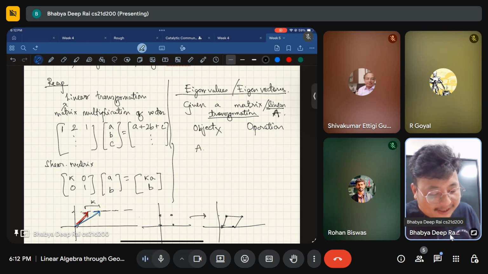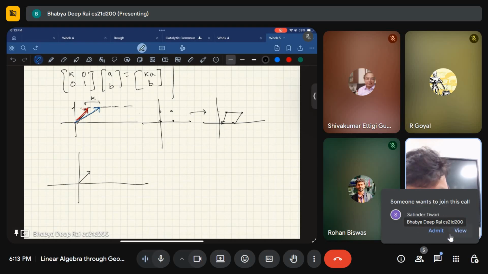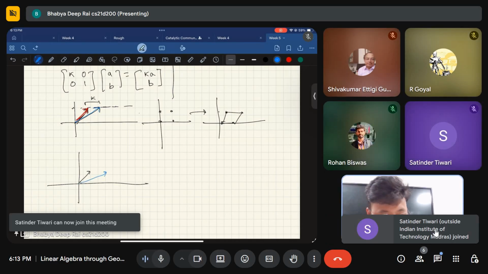So when I multiply that A, my transformation, to a vector v, it may do arbitrary stuff to it, for example like I showed with that shear. If it was there, because of the shear it got shifted here.